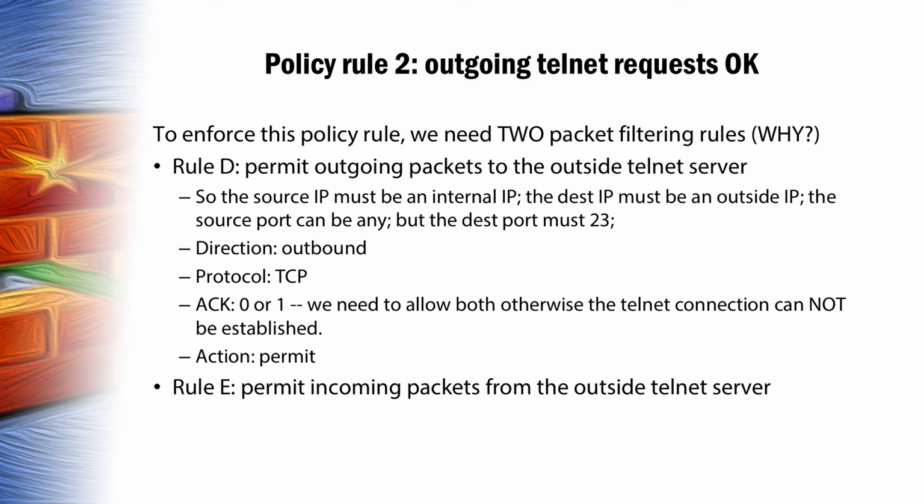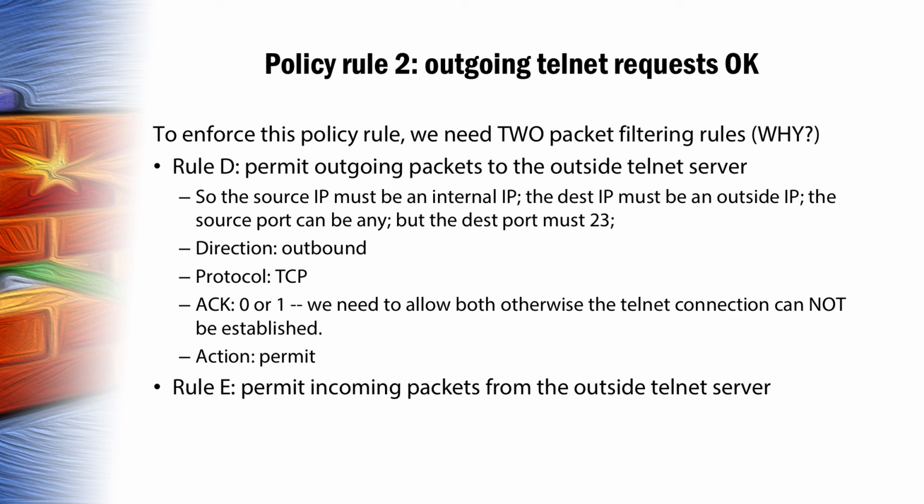You will see that the source IP should be internal, the destination should be external, and the source port can be any. However, the destination port must be 23, indicating it is a telnet application.